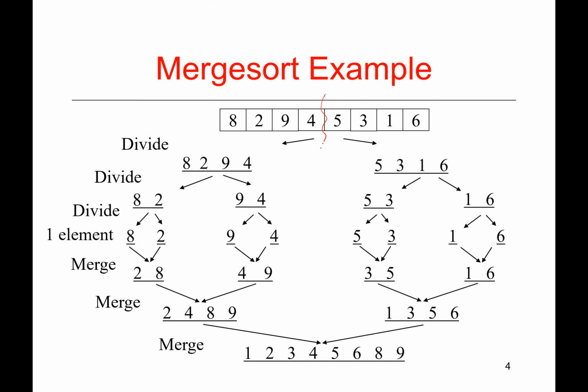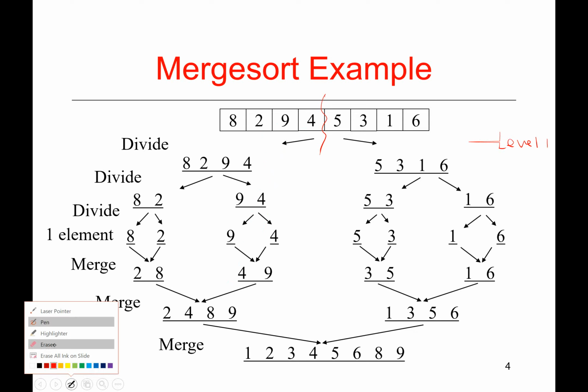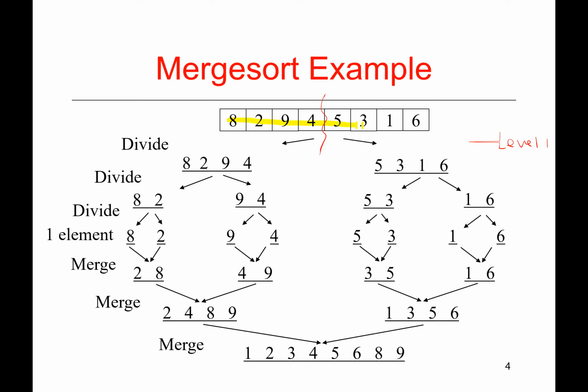We have two groups cut into two halves, and this is level 1. From this level 1, this is the given original sequence. This is the final merged results, right?